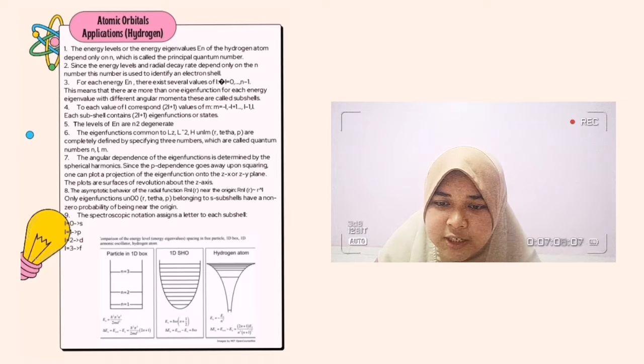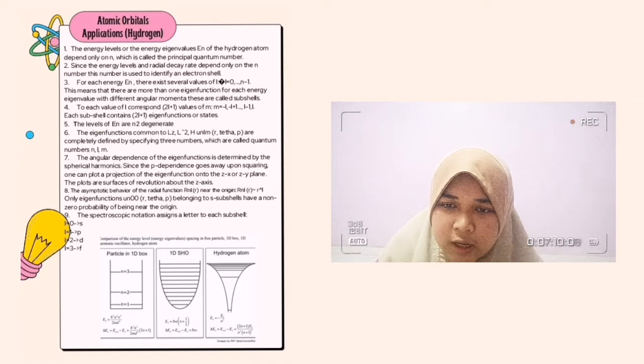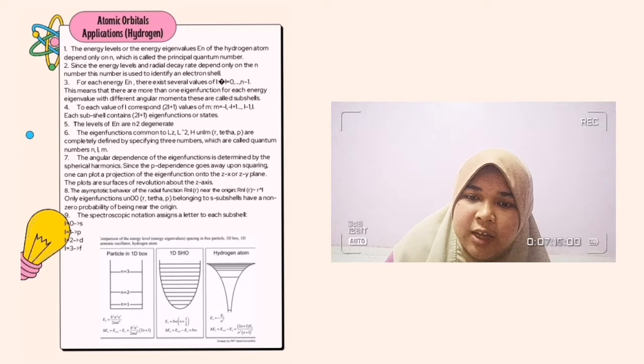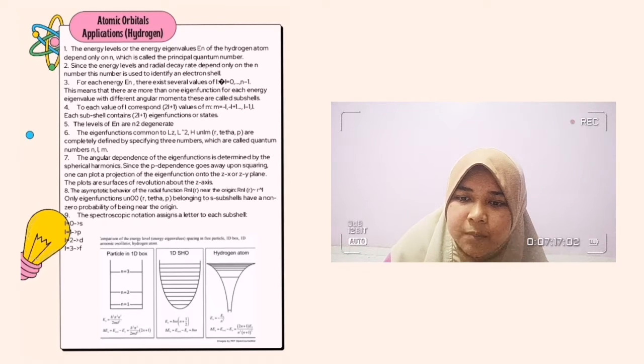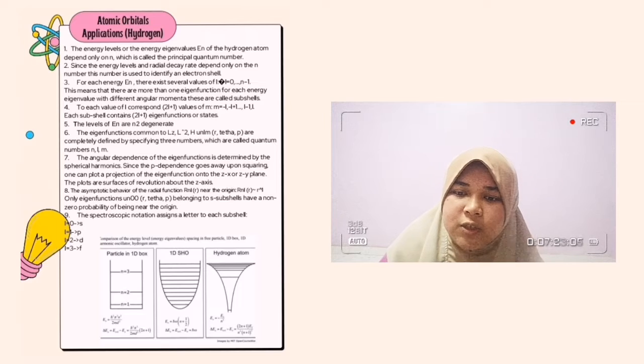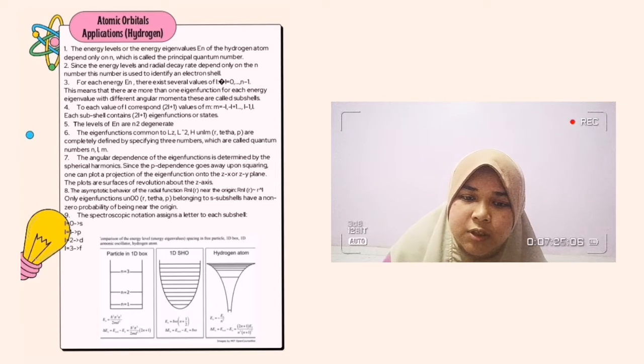Only eigenfunctions u n 0 0 of r, theta and phi, belonging to s subshells, have a non-zero probability of being near the origin. The spectroscopic notation assigns a letter to each subshell: L equal to 0 to s, L equal to 1 to p, L equal to 2 to d, L equal to 3 to f.